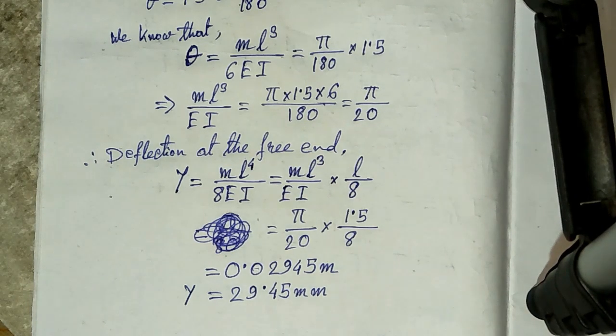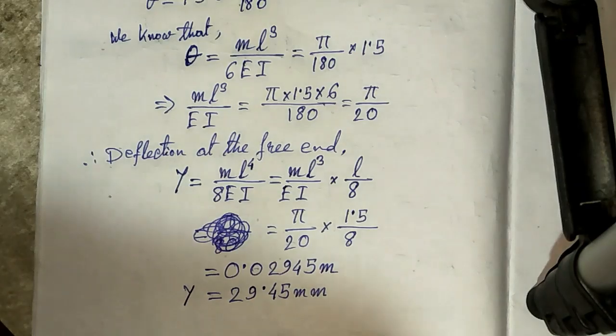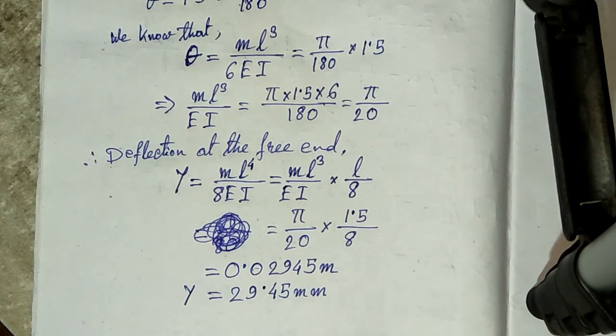So in this lecture we have learned what deflection is. We have proved the relation between the moment equation and the deflection equation, that is M equals EI into d2y by dx2, and we have started the double integration method for cantilever beam.